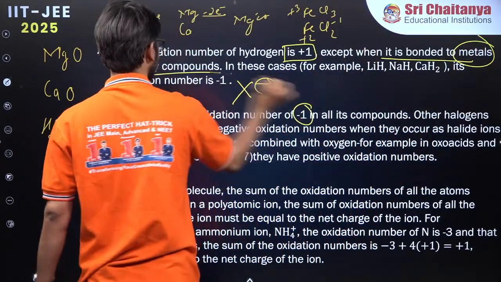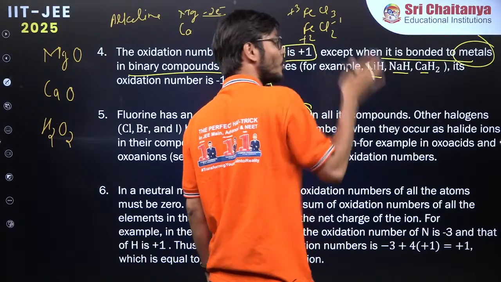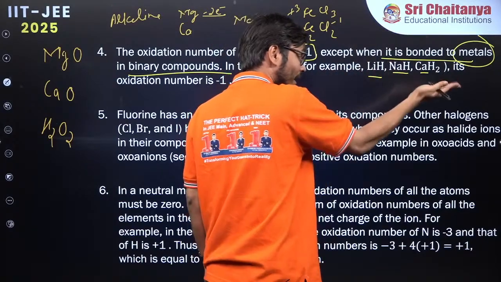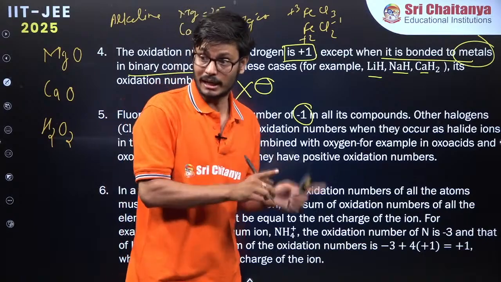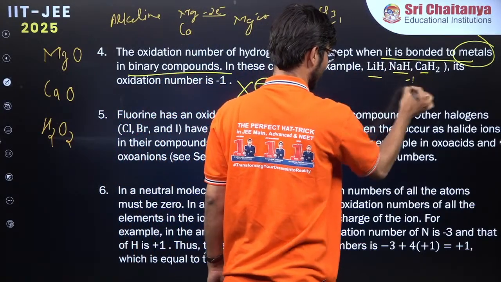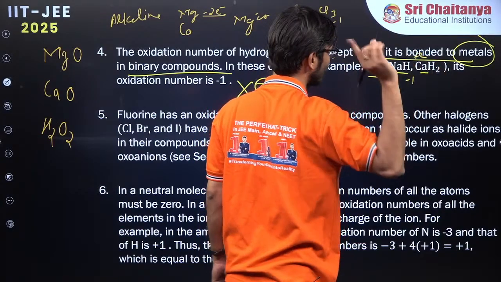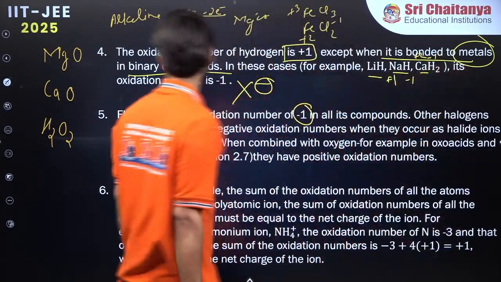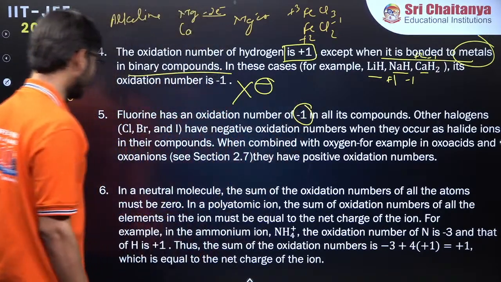For example, lithium hydride, sodium hydride: because the metal is more electropositive, hydrogen is more electronegative. Hydrogen is electropositive generally, but in the case of metals, it becomes electronegative. So lithium hydride, sodium hydride: -1, +1; calcium +2, two hydrogens, each hydrogen will have -1, like that, okay? All the halides will have -1.